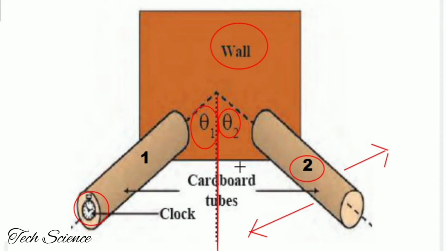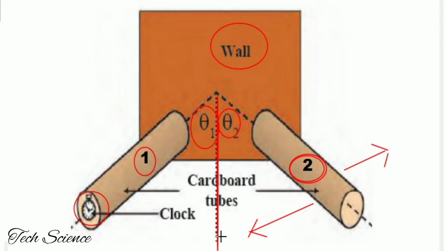It means that if you measure the angle between the direction of the incident sound wave by the first pipe and the direction of the reflected sound wave by the second pipe, you find that they are equal. This is one of the things that you will observe.